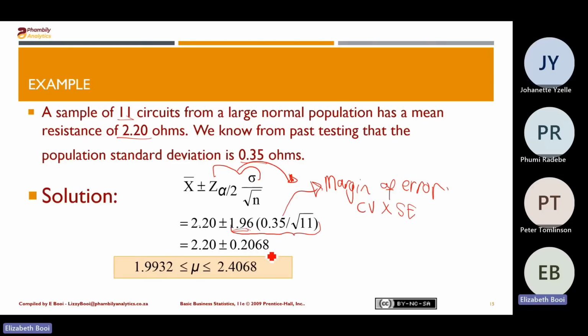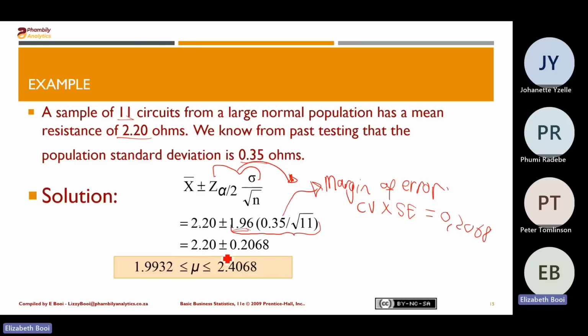So our margin of error in this instance is 0.2068. In case they ask you to find the margin of error, that's the margin of error. So you calculate the margin of error and you find that it's 0.2068.